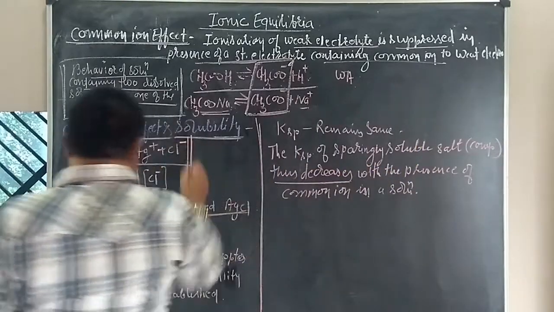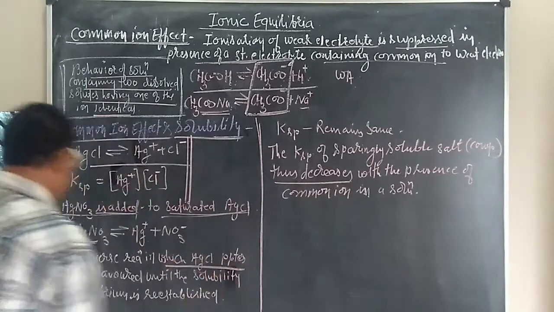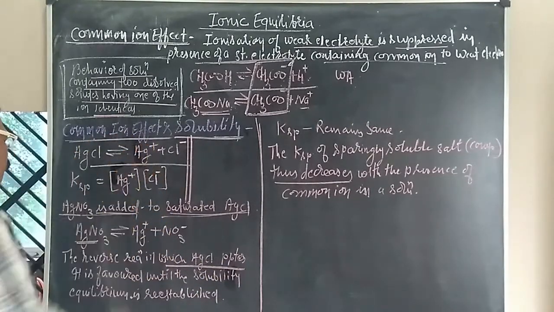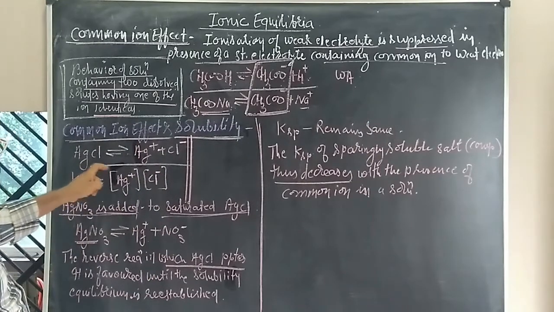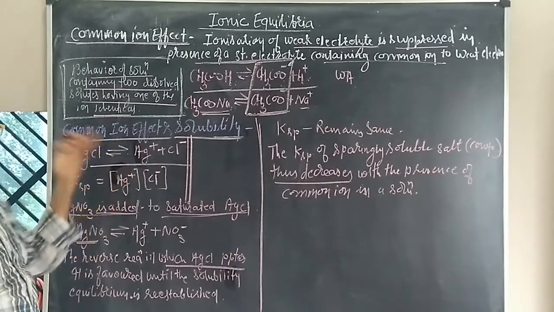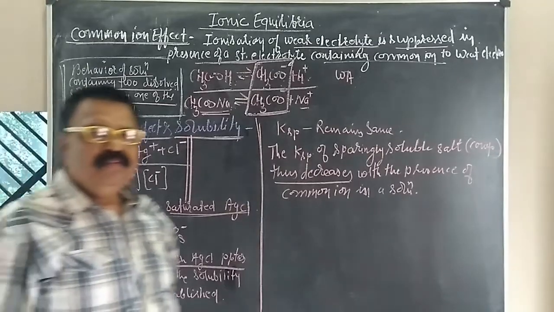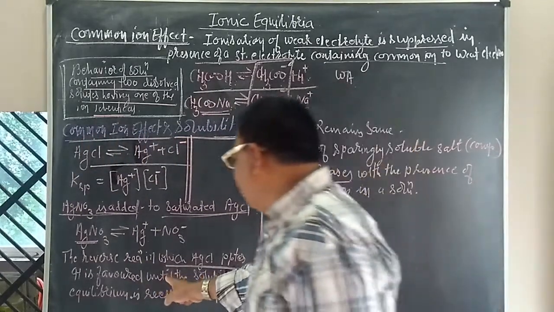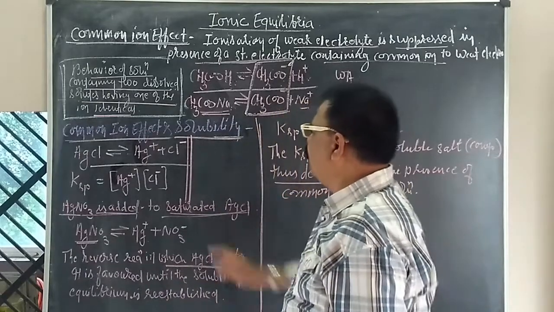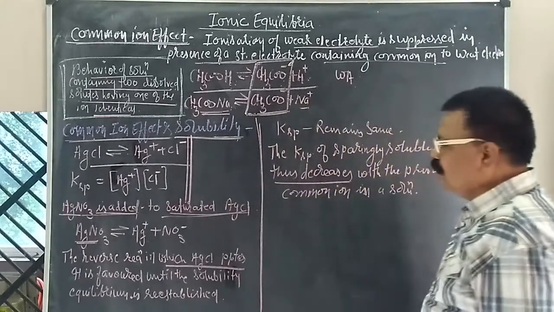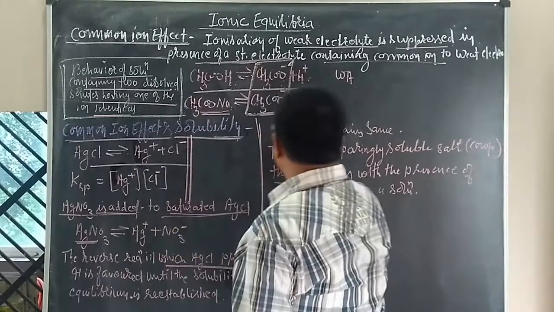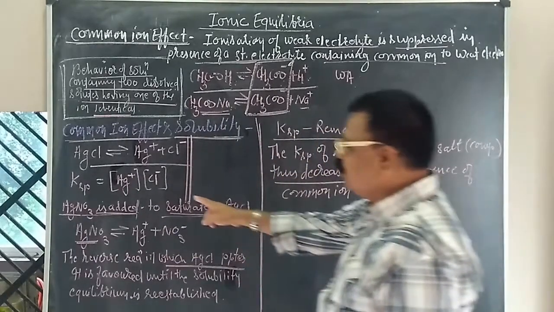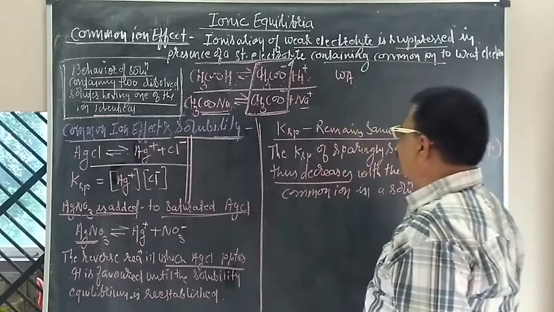And that's why see, the silver chloride precipitates, यहां पे क्या होगा, सिल्वर क्लोराइड का प्रेसिपिटेशन होगा, and it is favored until the solubility equilibrium is re-established. We'll see that the value of the Ksp remains the same. उसकी जो Ksp की वैल्यू होगी वो कैसे होना चाहिए, that will remain the same.